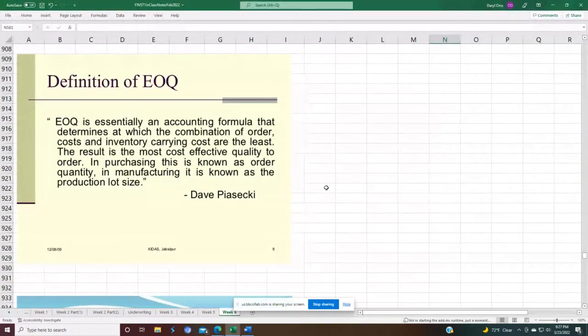So from your operations management course, you have the order quantity from purchasing and the production lot size. You're going out there and making batches. How many in the batch should you produce?